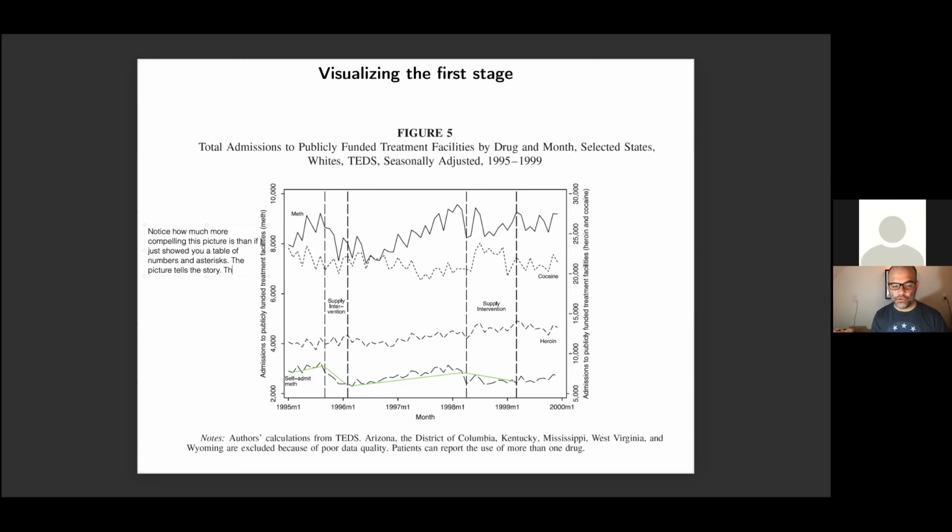The story goes, when the government disrupted supply and caused meth prices to rise, it caused meth admissions into treatment hospitals to fall. I can see that in the time series.